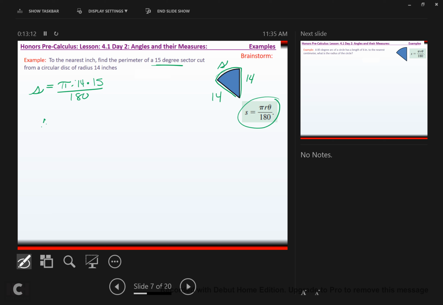So if I type that in, I get 3.665. So now my perimeter of the whole sector is going to be 14 plus 14 plus 3.665. And the perimeter of that whole sector will be 31.67 inches. Okay?